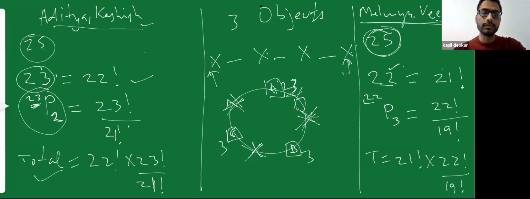As we have seen over here, if there are 3 objects, A, B and C, the places between them will also be 3. So if there are 22 people who have been arranged, the number of places between them is also going to be equal to 22. And out of that, how many places do I want to fill up? I want to fill up 3 places for Melvin, Veer and Om. So that can be done in how many ways? That can be done in 22P3 ways, which is equal to 22 factorial upon 22 minus 3, 19 factorial, and total is equal to multiplication.